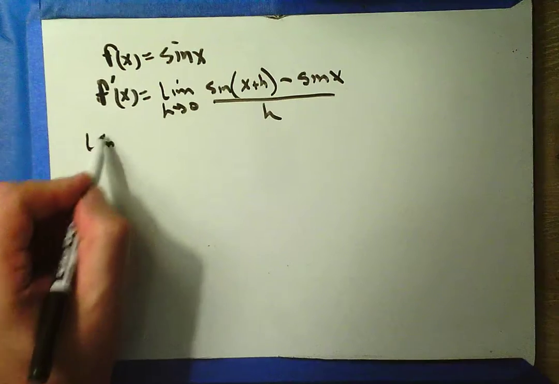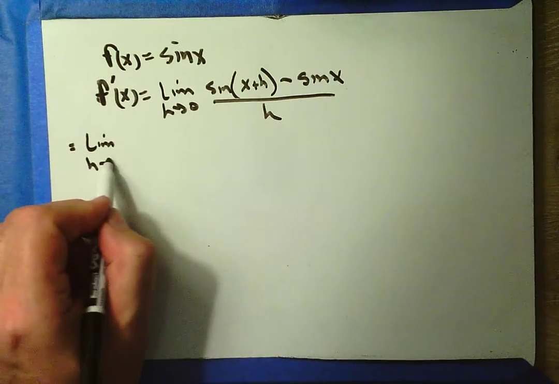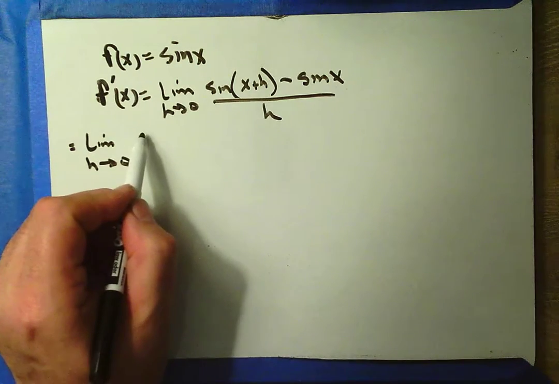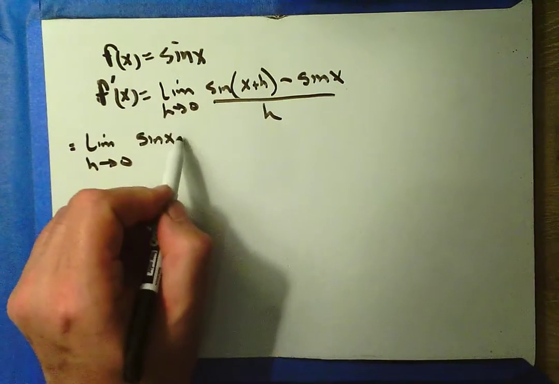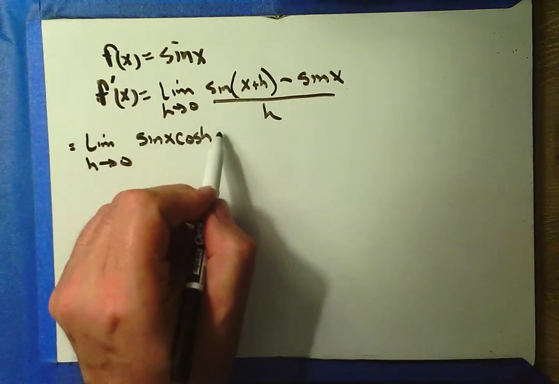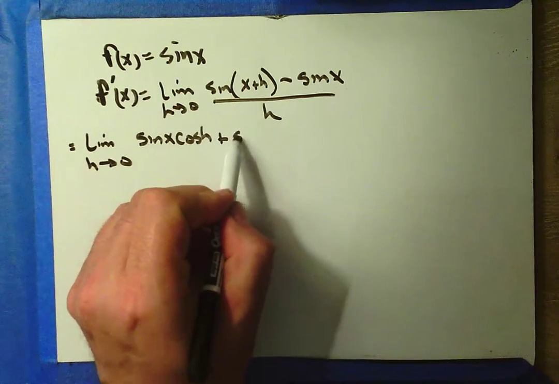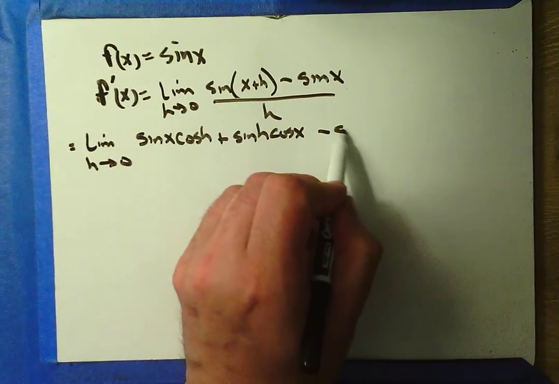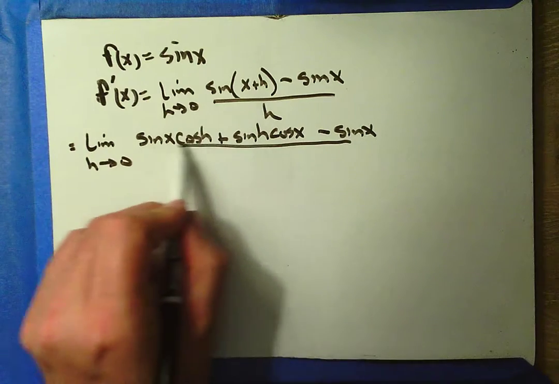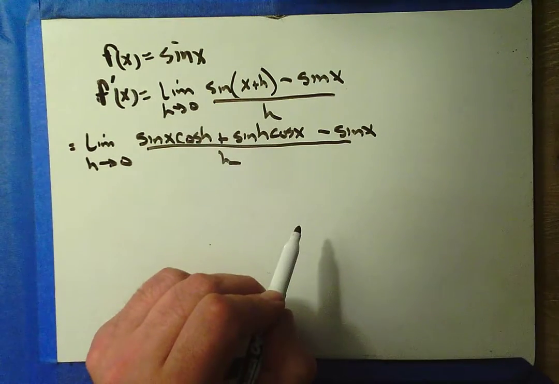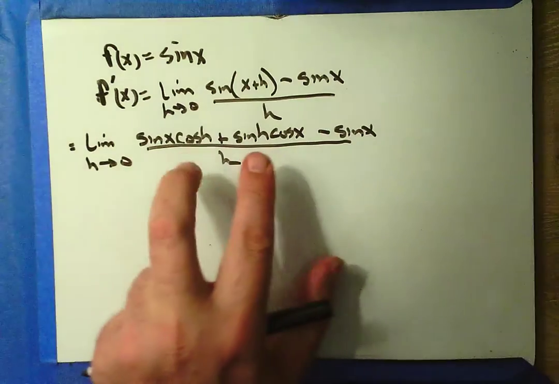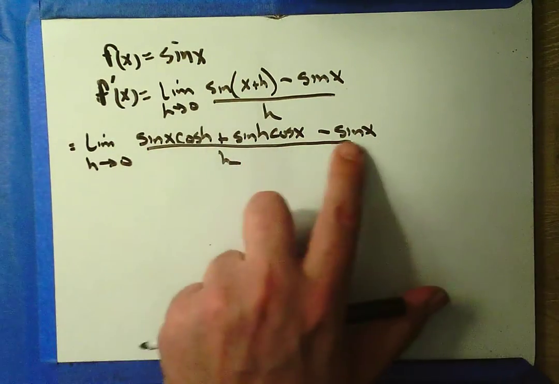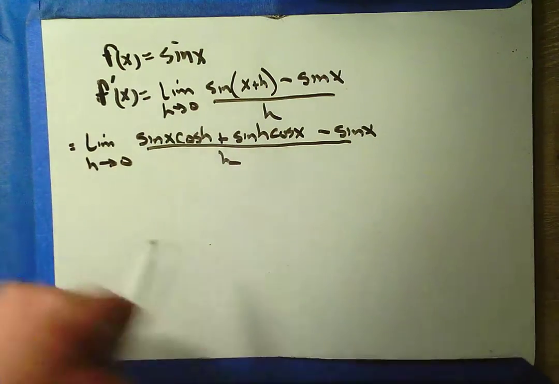Instead, using that sine sum and difference formula, you would have the limit as h heads to 0 of sine x cosine h plus sine h cosine x. And don't forget our minus sine x, all of this over h. What I want to do is factor out a sine x from these two terms and push this one to the side.